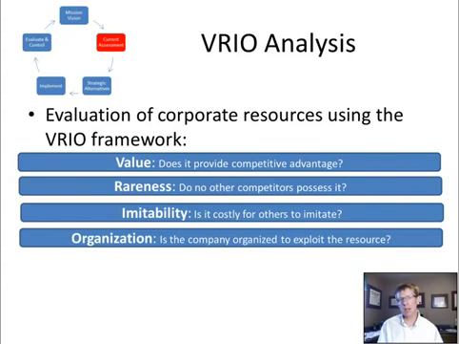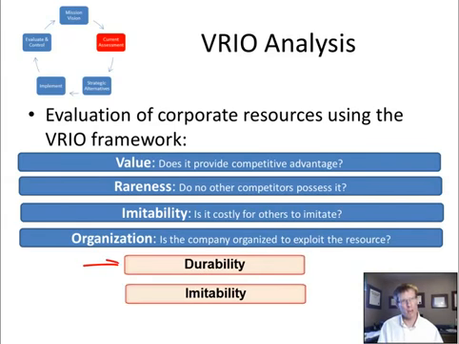The sustainability of competitive advantage is determined by its durability and its imitatability. Durability speaks to the rate at which the underlying resource or capability depreciates or becomes obsolete over time. Imitatability is the rate at which the competitors can copy the distinctive competence through reverse engineering, hiring the company's employees, or other measures.